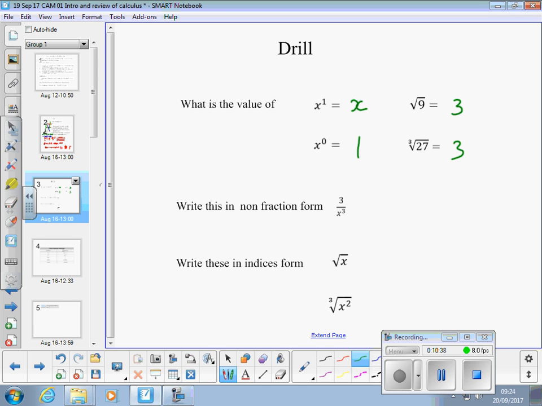How can we rewrite that in non-fraction form? Yeah, it's equal to 3x to the minus 3. The x and the power come on top, and we change the sign of the power. How can we write square root of x?